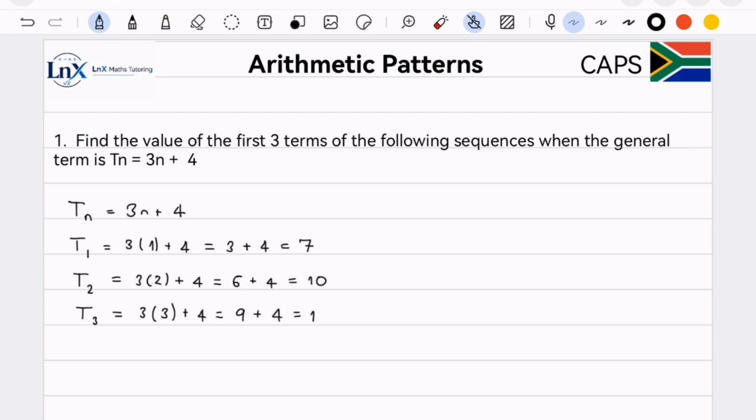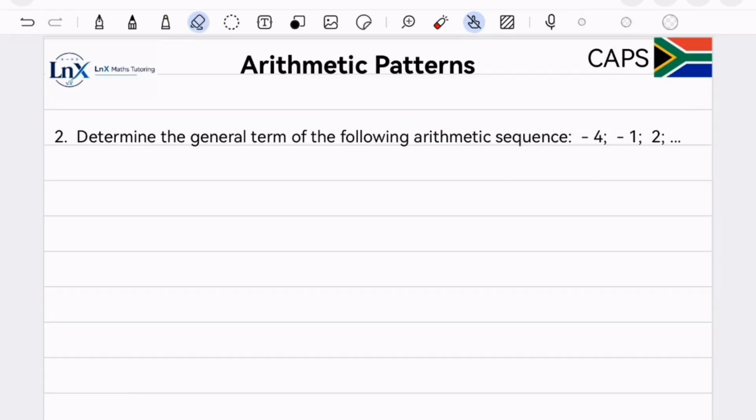That will be 13. So we then know that our first term is 7, and our second term is 10, our third term is 13, and so on. So these are the first three terms of our sequence.